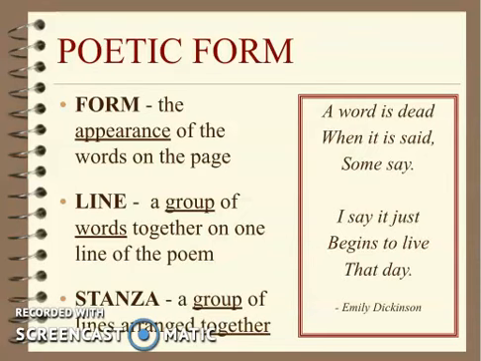Form is the appearance of the words on the page. Line is a group of words together on one line of the poem. It's kind of like a sentence in poetry. Stanza is a group of lines arranged together, just kind of like a paragraph.